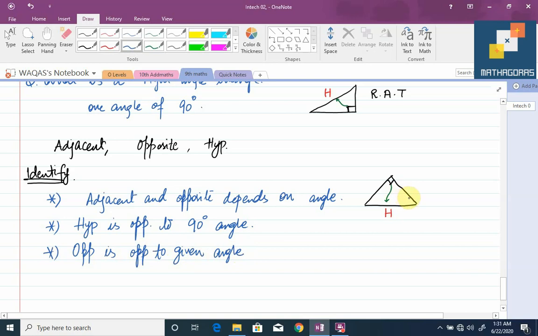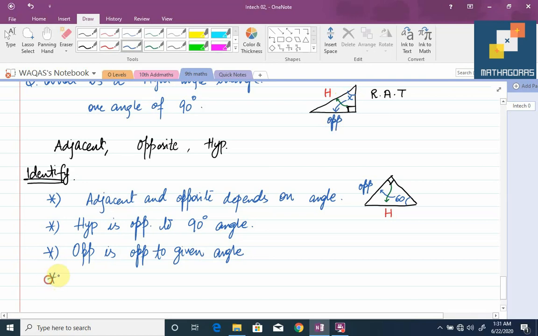Let's suppose I say that this angle is 60. If this angle is 60, that means that this side is opposite, right? In the above example, if this angle is x, that means this side is opposite. So opposite is what? Opposite to the angle. Hypotenuse is what? Opposite to 90 degree.